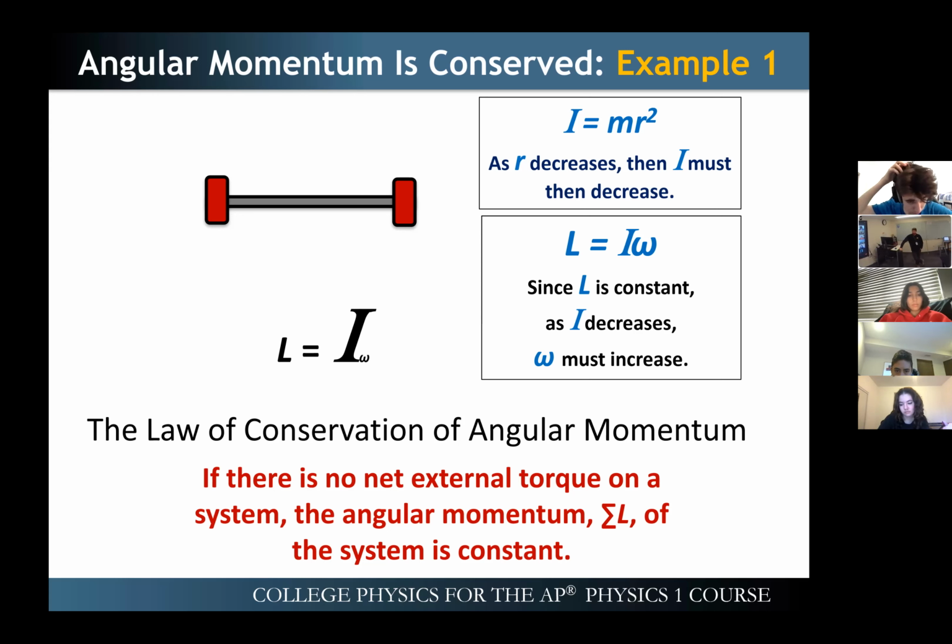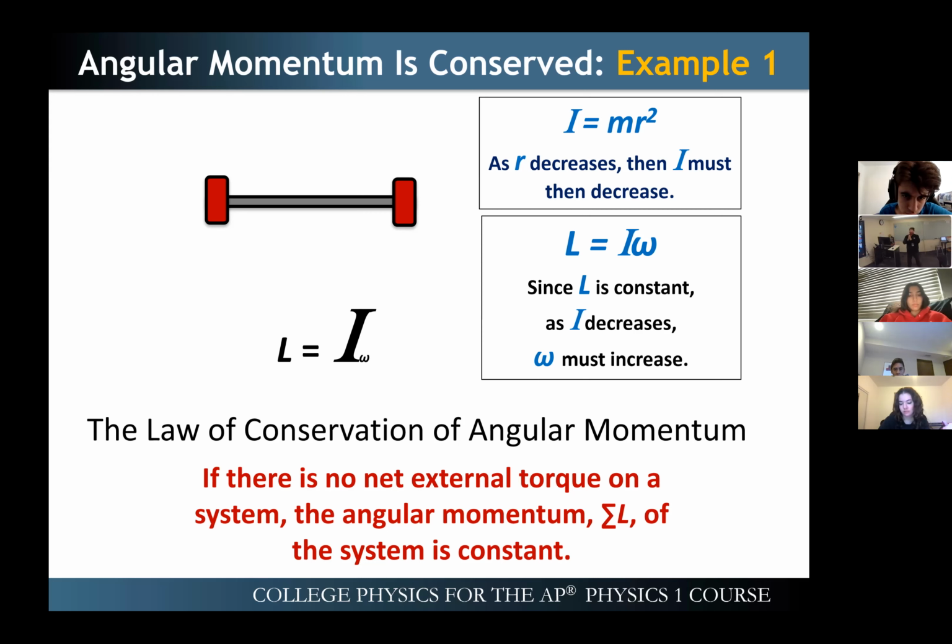Now, linearly, if I carry that barbell, that dumbbell across the room, whether the weights are on the edges or whether they're in the middle, doesn't matter if I'm just carrying it straight across the room. But rotationally, it's harder when they're out on the edge, right? The I value is big. But if those weights move to the center, what happens to the R value? It decreases. So then what happens to the I value? It decreases.